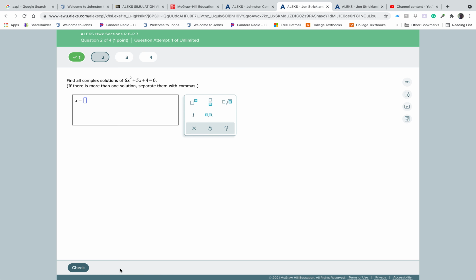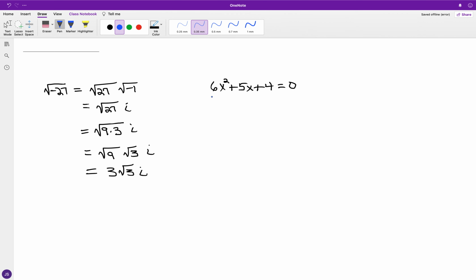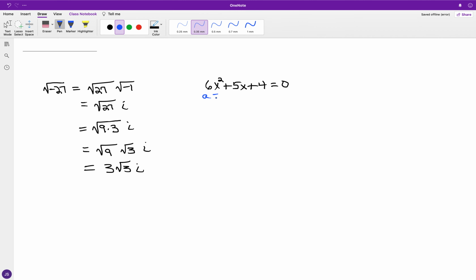And for the next item, we have 6x squared plus 5x plus 4 is equal to 0, and it says to find all complex solutions. Now we cannot factor this particular trinomial, so we can go with the quadratic formula.